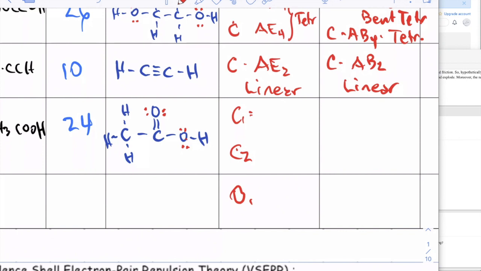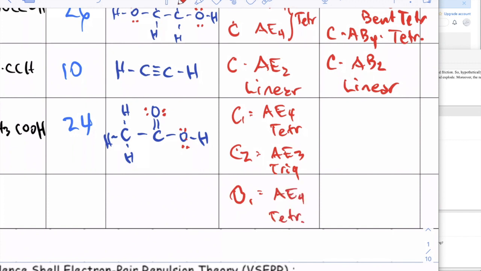C1 is going to be AE4, it's tetrahedral. C2 is going to be AE3, that's trigonal. And our oxygen is going to be AE4, that's tetrahedral.